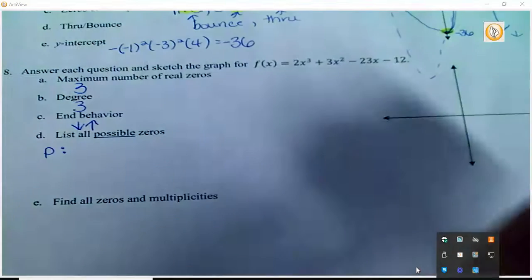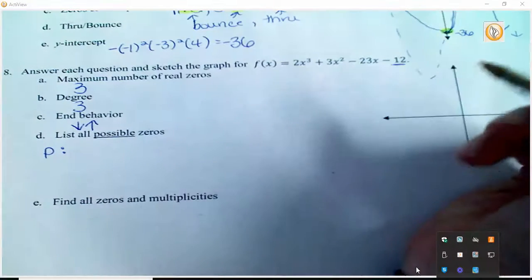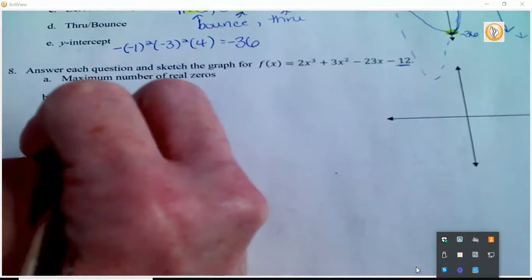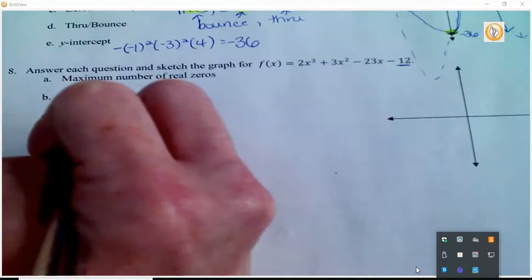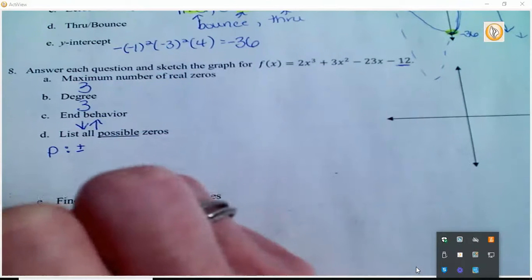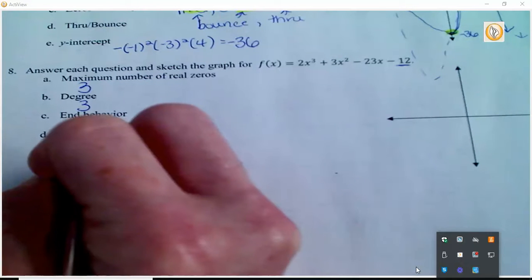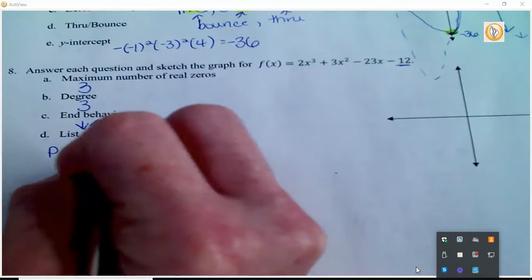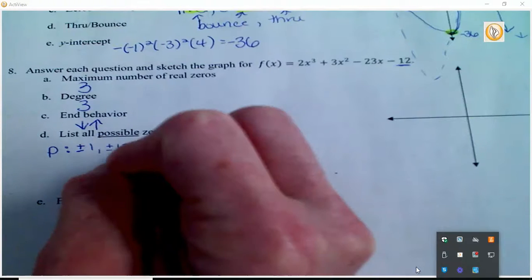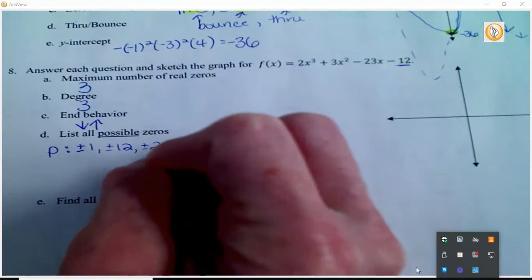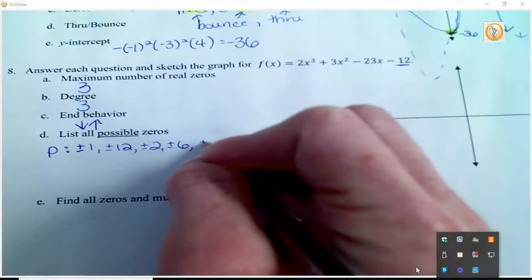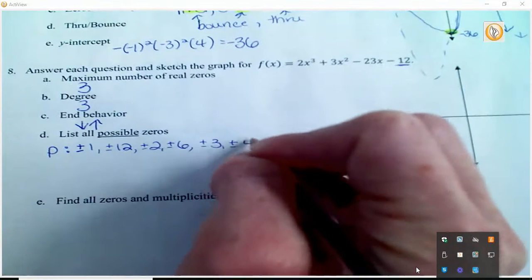And it's everything that goes into this negative 12 evenly. I told you every time, every number you put will have a plus and minus. So what can divide 12 evenly? 1 and 12, 2 and 6, 3 and 4.